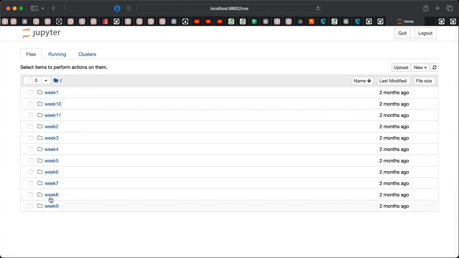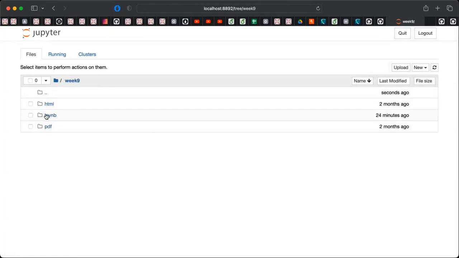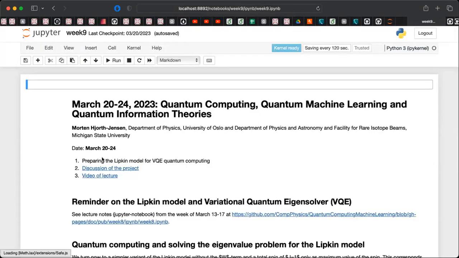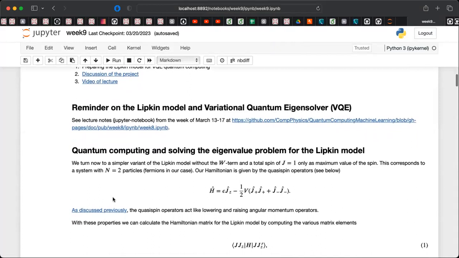Last week, we went through the setup of the Lipkin model in terms of Pauli spin matrices. So the topic is to try to solve this model here, which the week before, on the week of March 13 to 17, we rewrote in terms of these so-called quasi-spin operators.